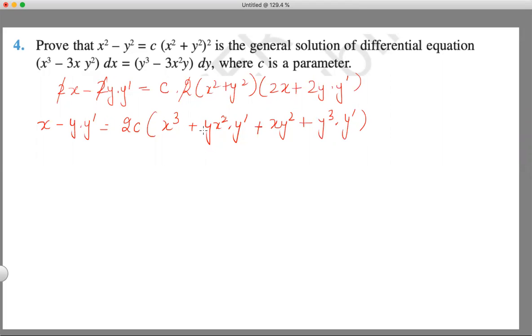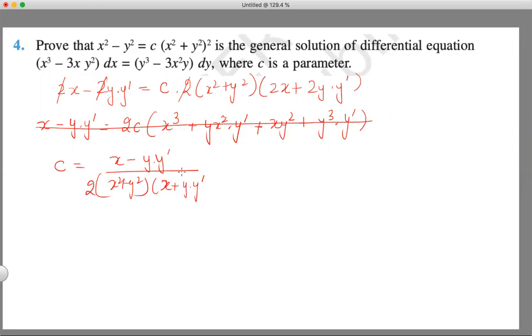Now we will eliminate c from here. Actually, there was not a need to do this simplification. Leave this simplification for now because we are just eliminating c. So let me write what c is. C is x minus y dash by x square plus y square. And c from the original equation also let's write.